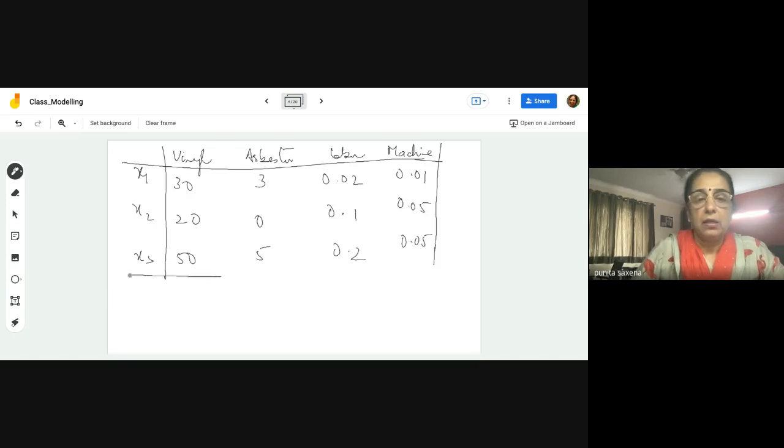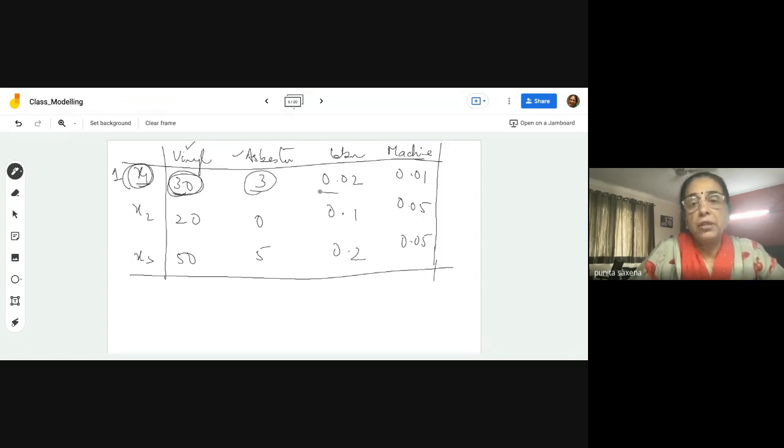Okay, now this is just like a matrix. What does it mean when I say 30 here? That means what was X1? Floor covering, right? So this basically means that 1 unit of floor covering requires 30 units of vinyl. Okay. Similarly, it requires 3 units of asbestos, 0.02 units of the labor, and 0.01 units of the machine time.